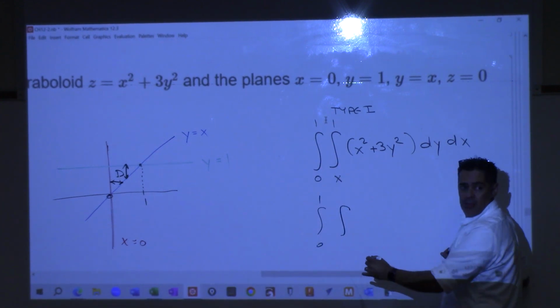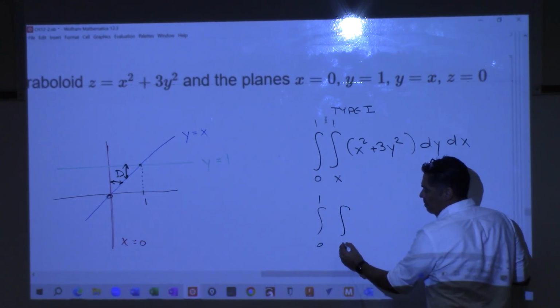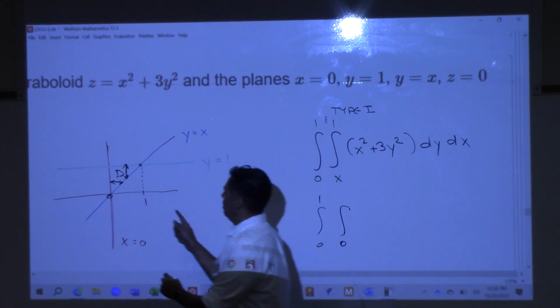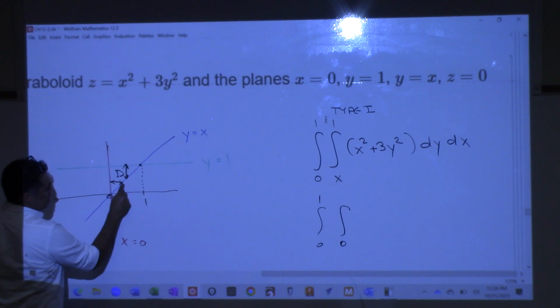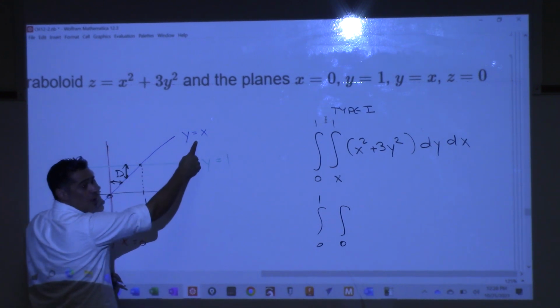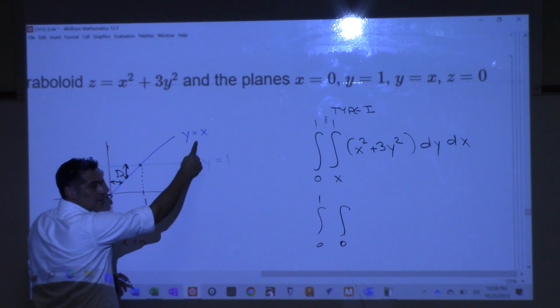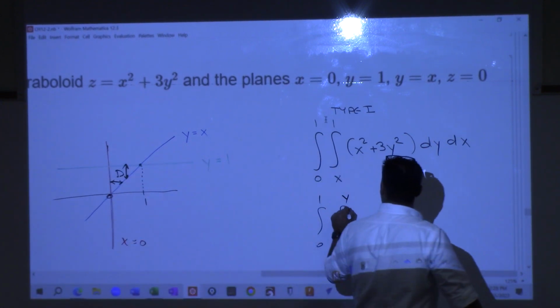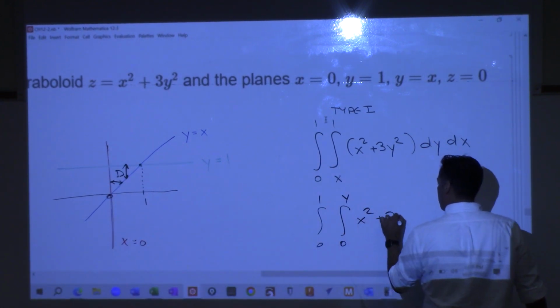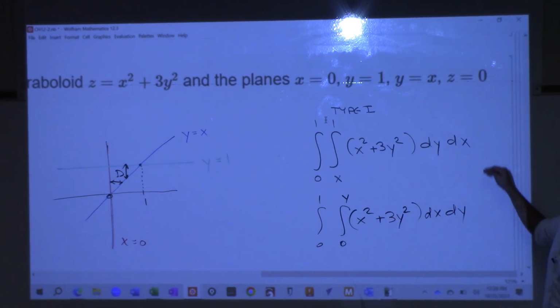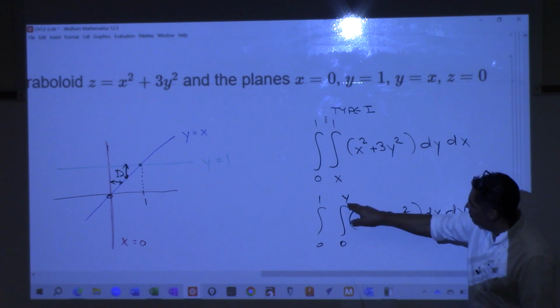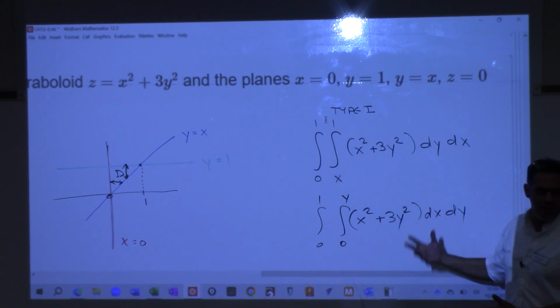So from 0 to here, to this. So you have to take this equation and solve it for x. So y. And then it's the same thing in here, dx, dy. Type 1, type 2, you get the same answer either way. Even though these limits of integration look different, it still will give you the same answer.